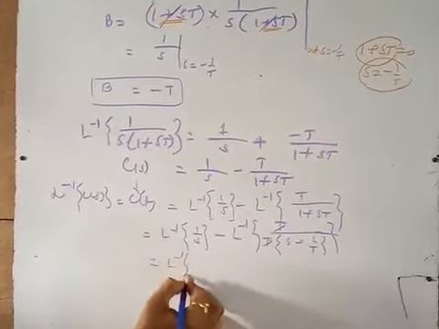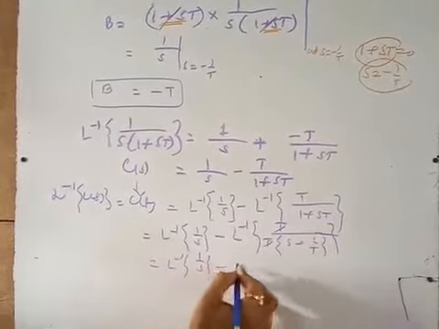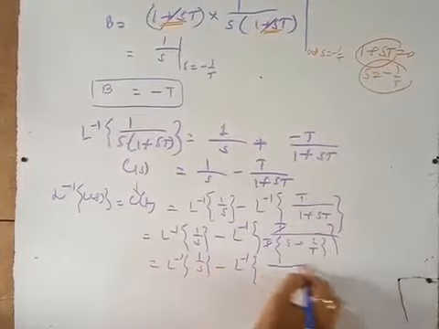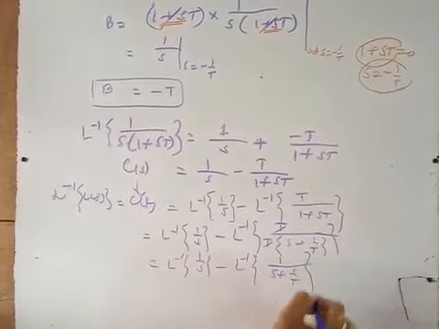You get 1 by S minus L inverse of 1 by S plus 1 by T.